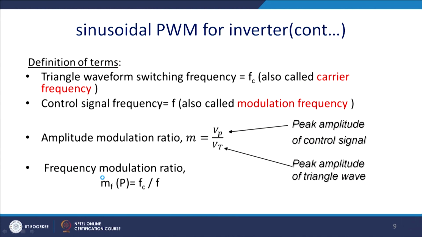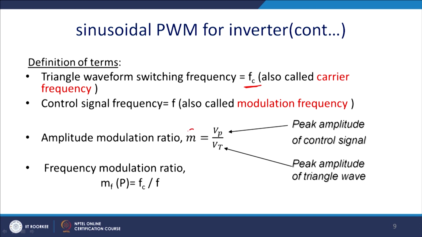Now, these are a few basics of PWM. We refer to the triangular wave frequency, or the carrier frequency, as Fc, and in the same way the control frequency will be referred to as F. The amplitude modulation is the ratio of the peak amplitude of the control signal, Vp, to the peak amplitude of the triangular signal, Vt.